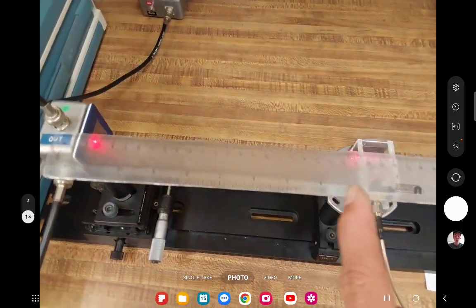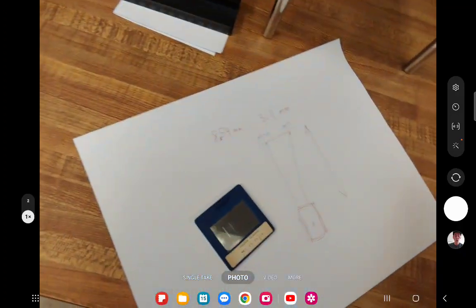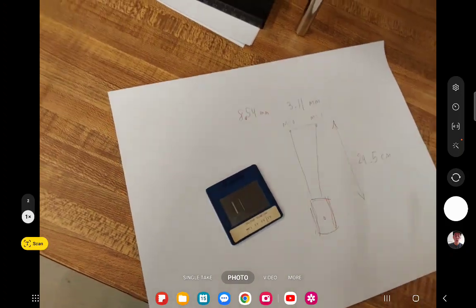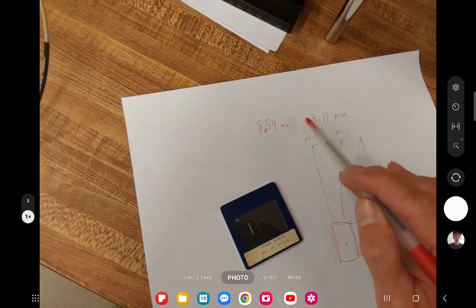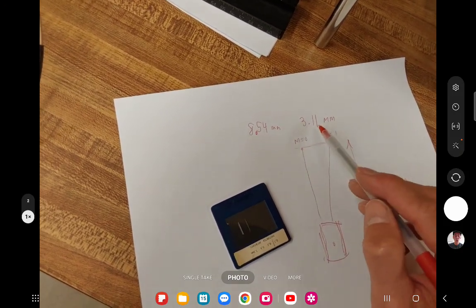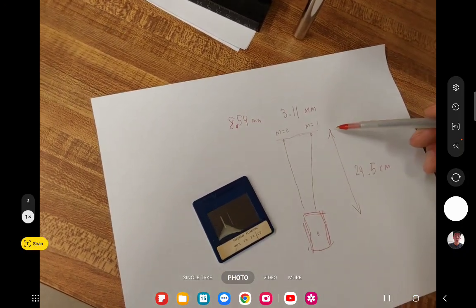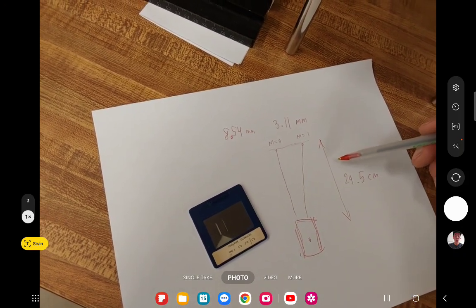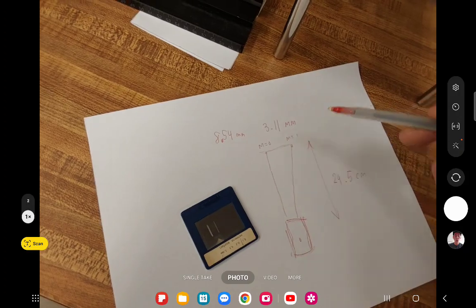So let's call this distance 24.5 centimeters. What's relevant is the difference between these two distances or locations. The difference between these two locations is this small distance here. And then I just used a ruler to measure the distance between the crystal all the way up to where the photodiode is measuring where the beams are going: 24.5 centimeters. You notice the difference in units there.